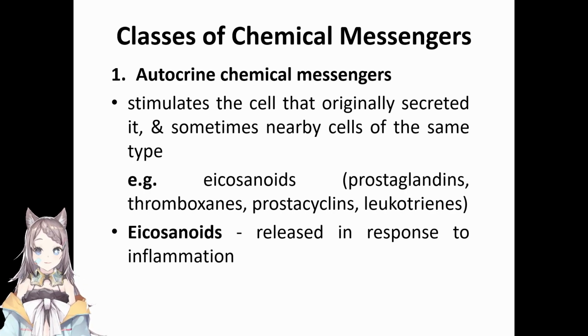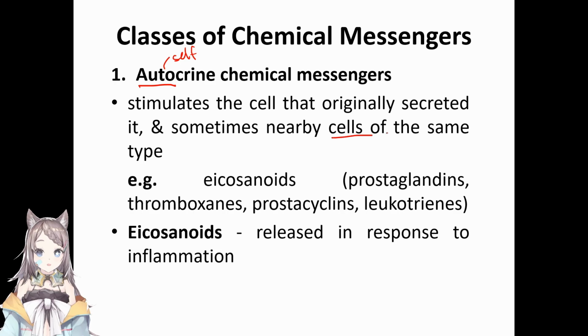We have different classes of chemical messengers. First, we have our autocrine chemical messengers. These stimulate the cells that originally secreted it and sometimes nearby cells of the same type. The keyword to look for here is auto, meaning self.